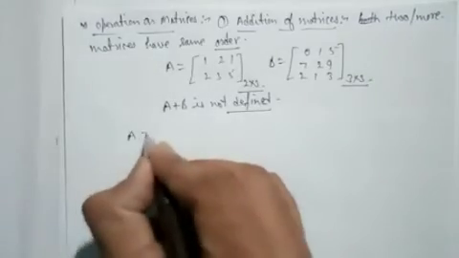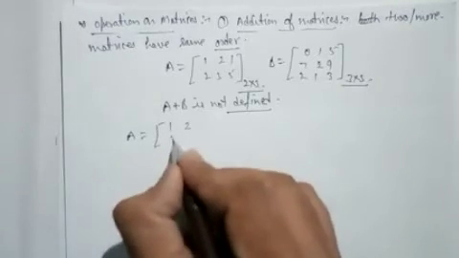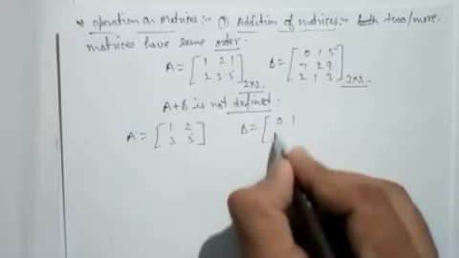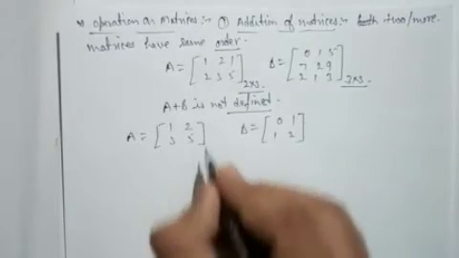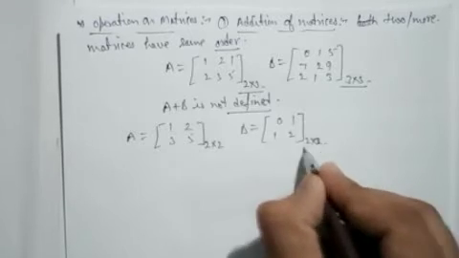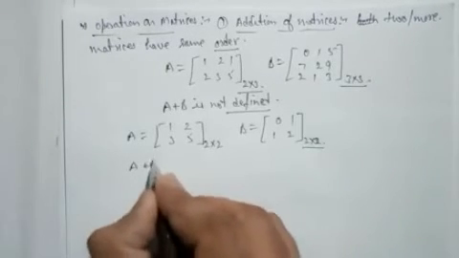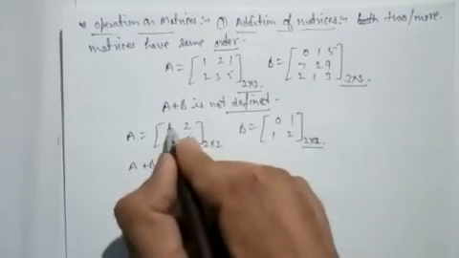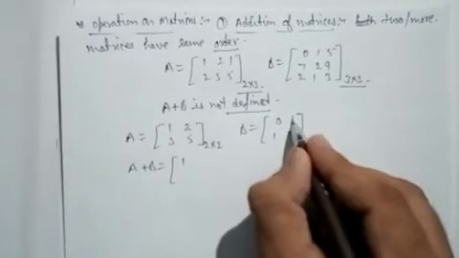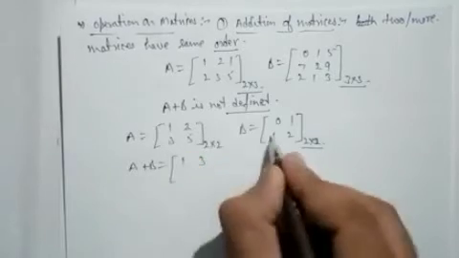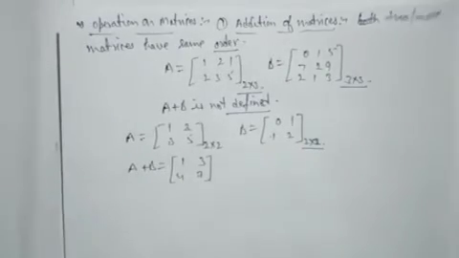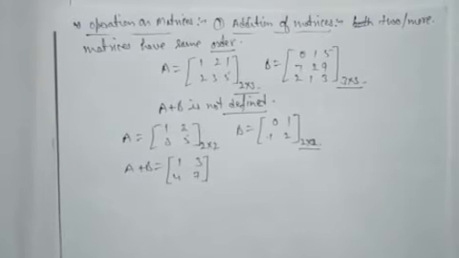If A matrix is 1 2, 3 5, and B matrix is 0 1, 1 2, both are 2 cross 2 matrices, so we can add these two matrices. A plus B is the sum of corresponding elements: 1 plus 0 is 1, 2 plus 1 is 3, 3 plus 1 is 4, 5 plus 2 is 7. Clear?